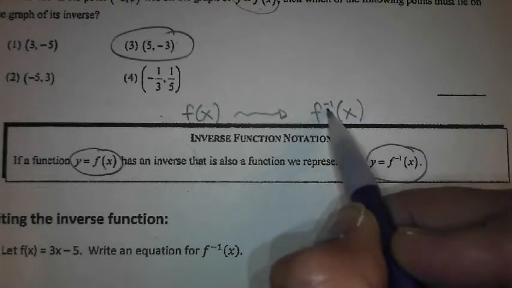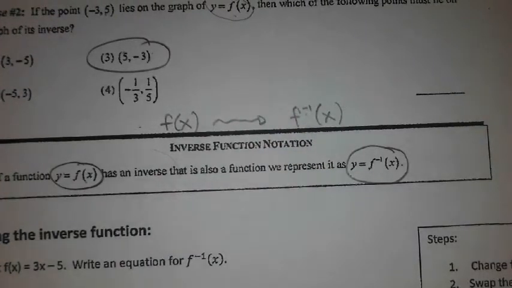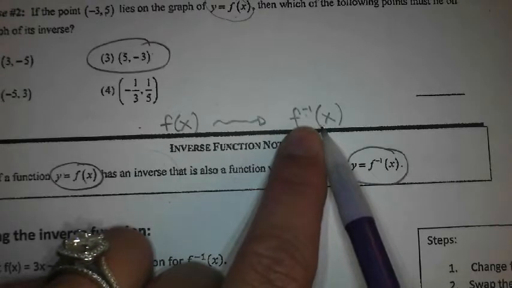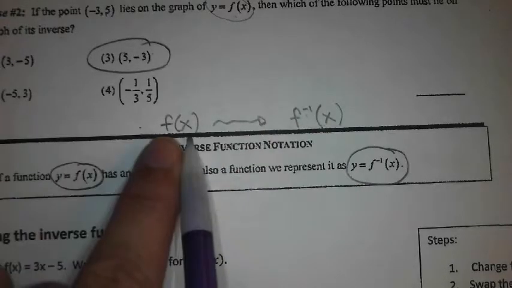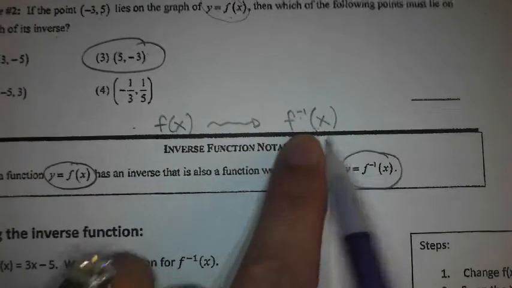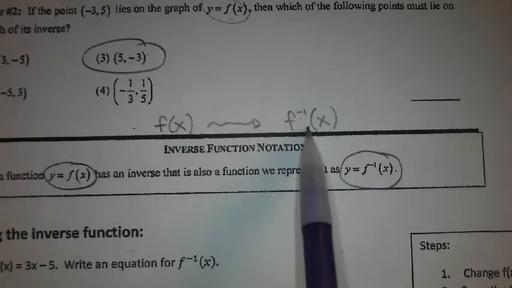This is a superscript. It's not an exponent. It does not raise that to the negative first power. When you read this, you say the inverse of f of x. This is the function f of x. This is the inverse of f of x. Is that clear? You have to get used to that notation because you won't always see the word inverse. You'll see the notation instead.